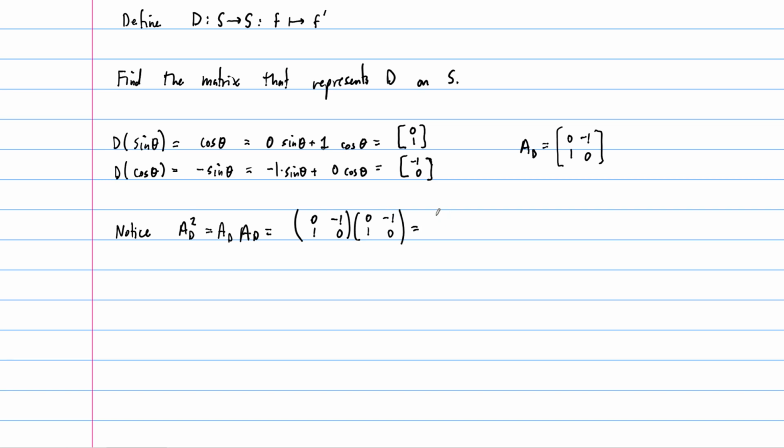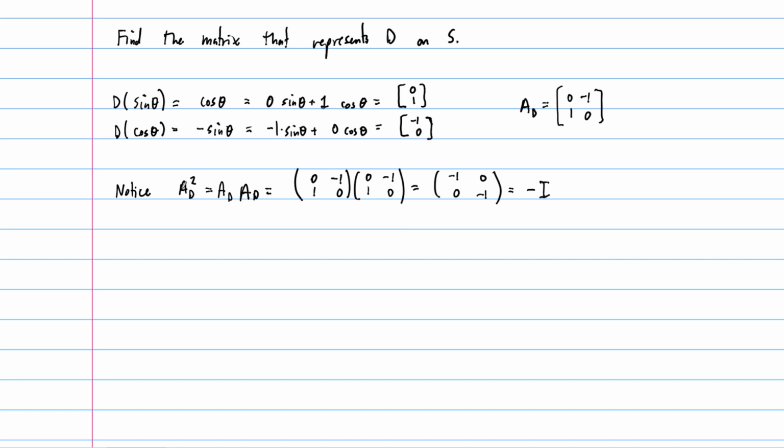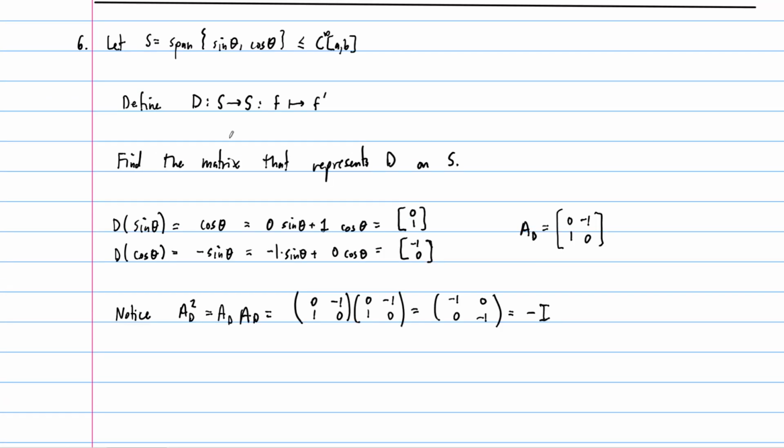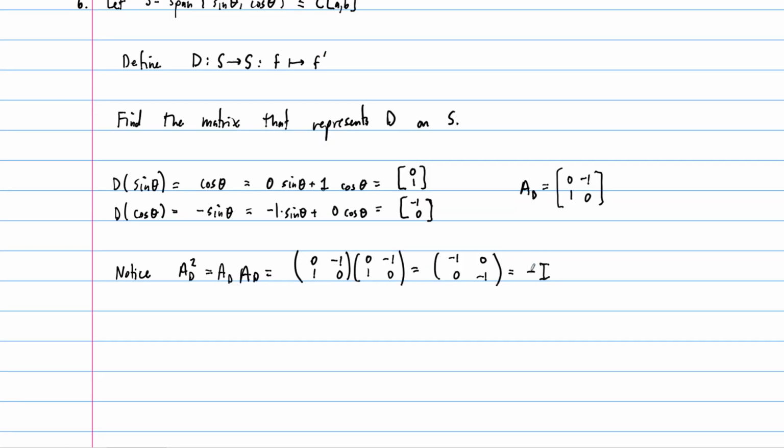And look what we get. We get a matrix back that's negative 1, 0 in the first row, and then the second row is going to be 0, negative 1. Or it's equal to minus the identity matrix, right? So this says then that taking two derivatives on this space is the same as applying a minus identity operation on here, right? Just changing the sign to a minus sign.